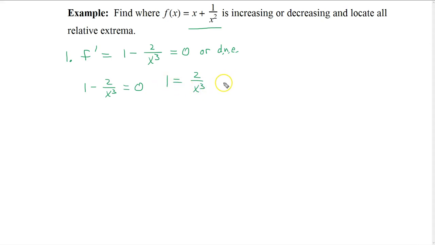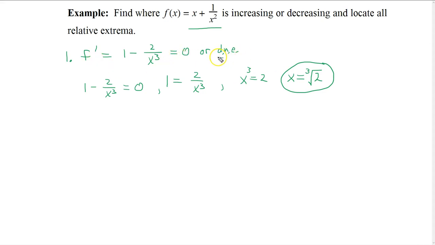Multiply the x over, and then just take the cube root of both sides. And there is one critical number. That was where the derivative was equal to 0.